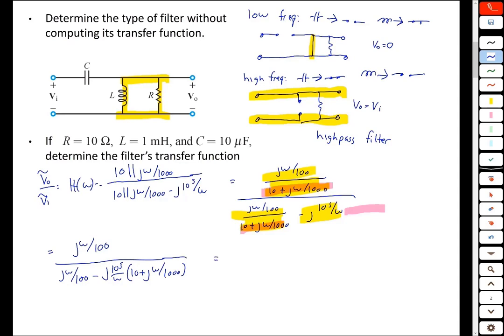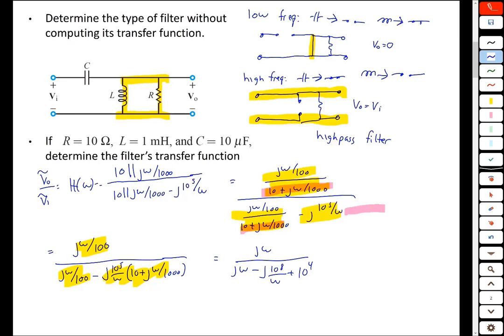Now we're going to multiply all three of these terms, this one, and this one, by 100 to get j omega over j omega minus j 10 to the 8th over omega plus 10 to the 4th.